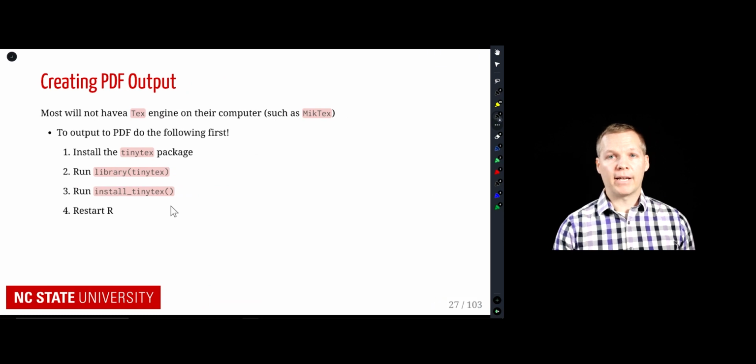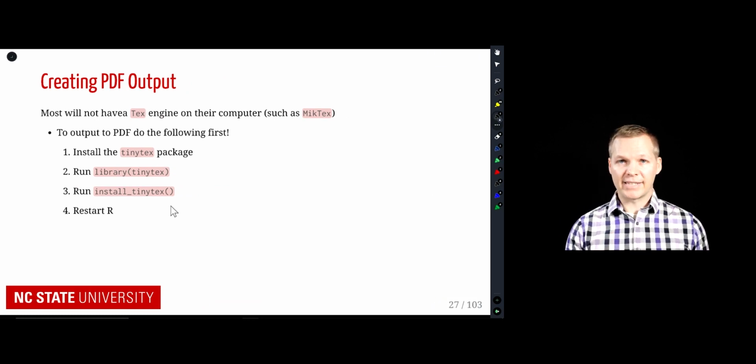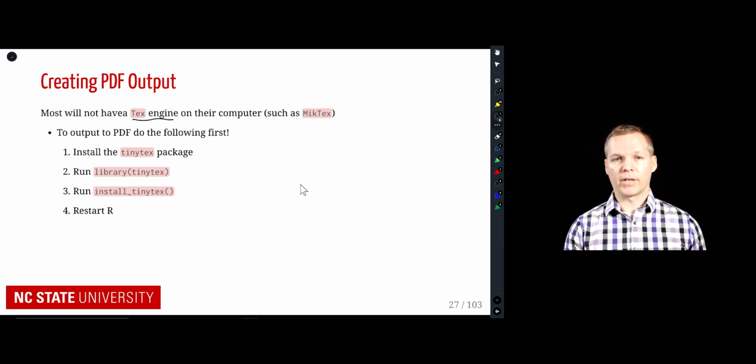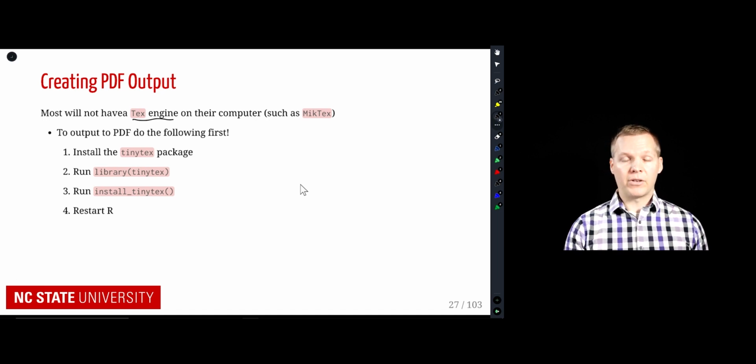Now, if you want to create PDFs and you've never done LaTeX before, you probably do not have what's called a TeX engine on your computer. If you don't have a TeX engine, then you need to install one. But you can do that all through RStudio rather than installing it separately. How do you do that?